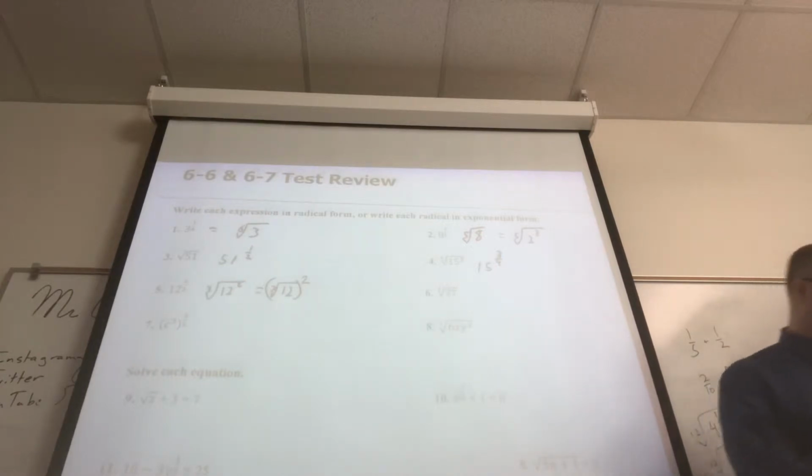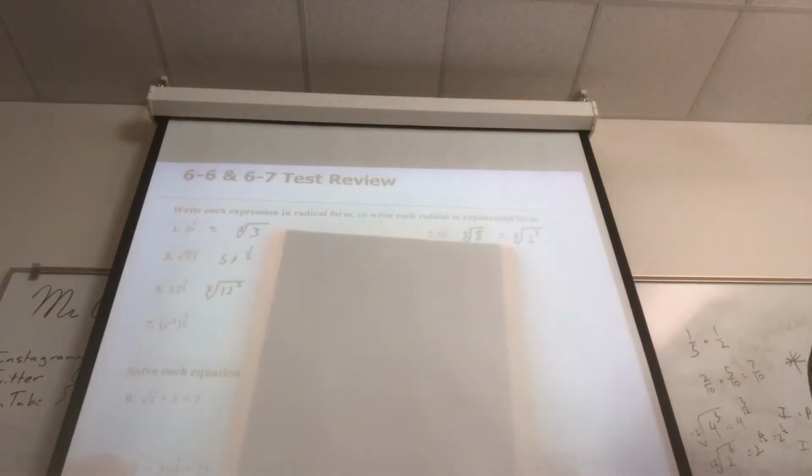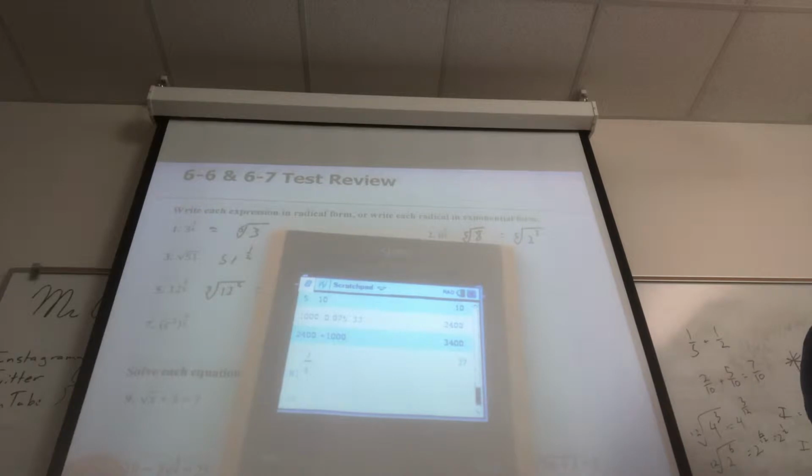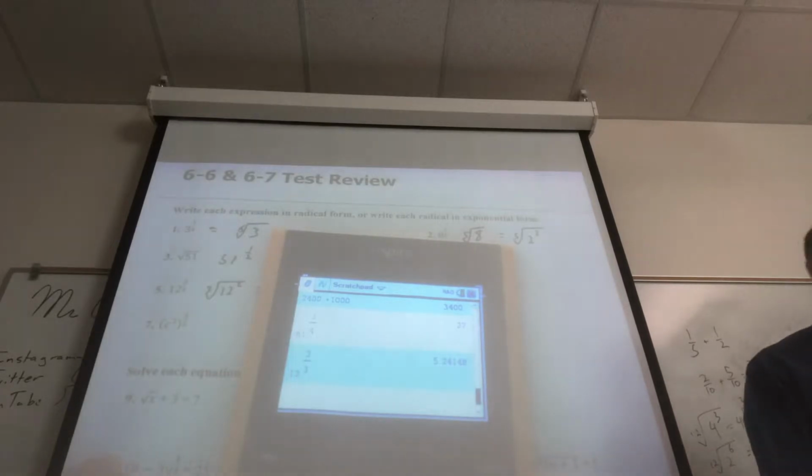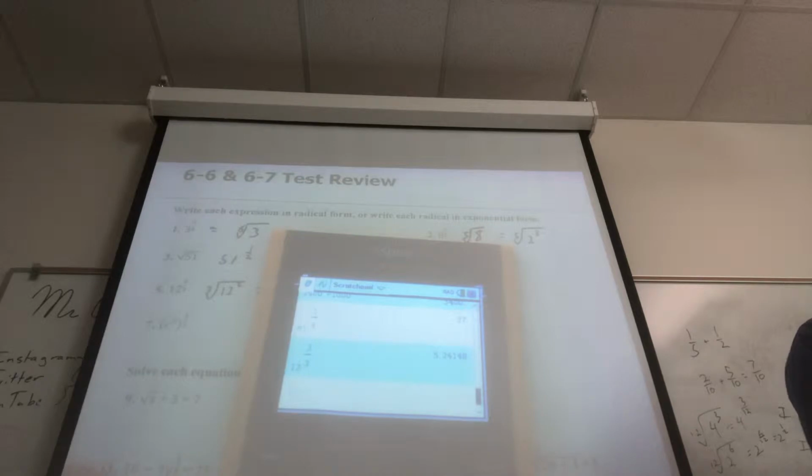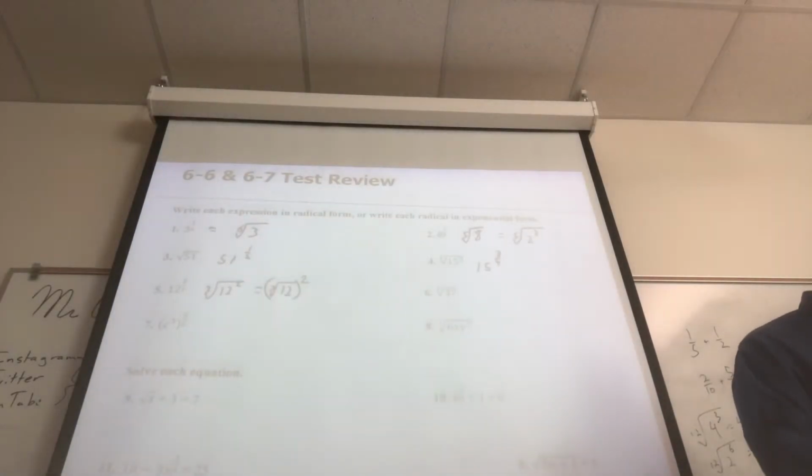Again, the calculator will give you a garbage decimal if you type in 12 raised to the 2/3 power. 5 point blah, blah, blah, who cares? But if I type in the cube root of 12 squared, wouldn't you know it, it's the exact same garbage decimal. So I can check for equivalency.